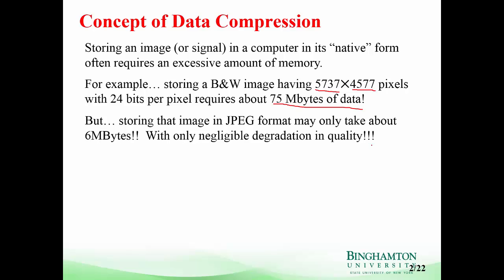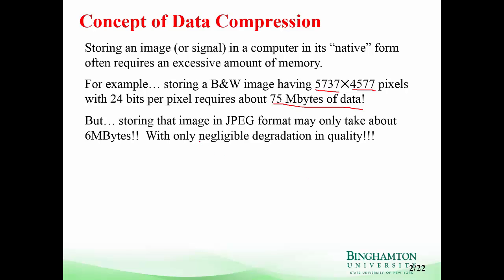Now, when I took that image and then stored it in JPEG format, it took only about 6 megabytes. So that's a little bit more than a reduction by a factor of 10. And if you compared the two images, unless you looked really, really carefully, you didn't really see any difference between them.